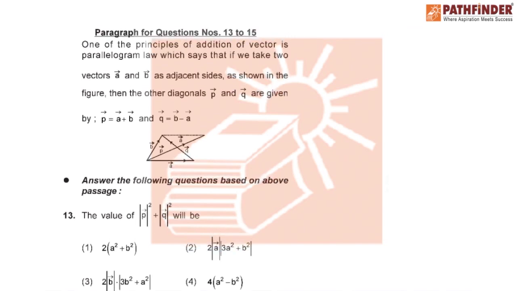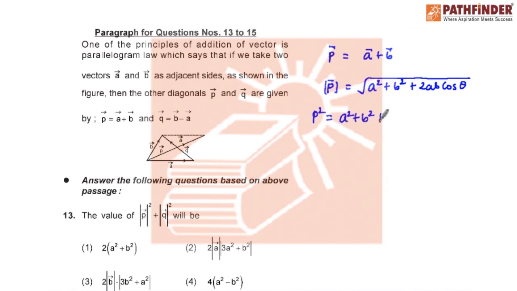So if we start making the necessary calculation, then P is equal to A plus B. If we calculate the magnitude of P, it can be written as the square root of A square plus B square plus 2AB cos theta. Then P square is A square plus B square plus 2AB cos theta.